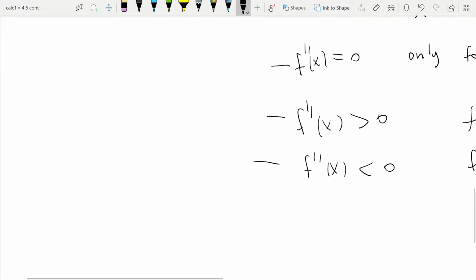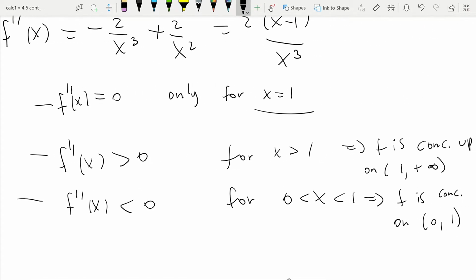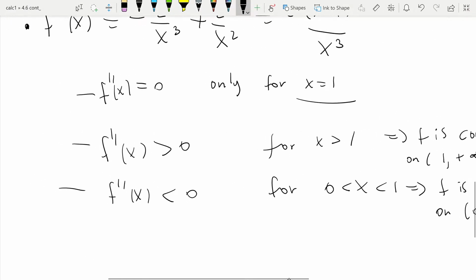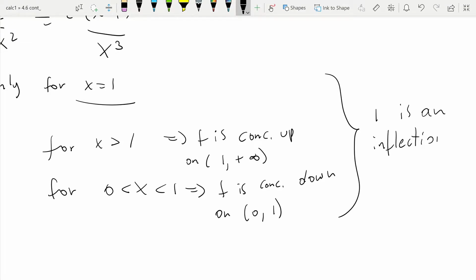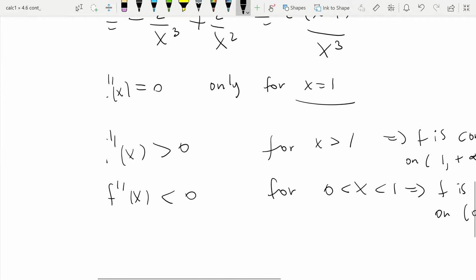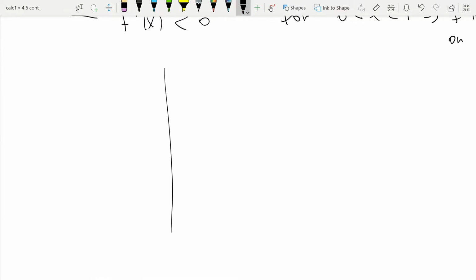But let me just remind you of something here before we move on to the drawing. So all this information here implies that 1 is an inflection point. Okay, so that we'll need to take into account when doing the graph of f.